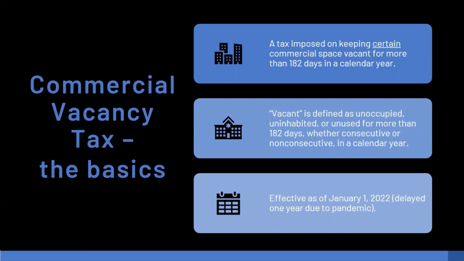For purposes of the tax, vacant is defined as unoccupied, uninhabited, or unused for more than 182 days in a calendar year. This is regardless of whether the 182 days is consecutive or not. The commercial vacancy tax was approved by San Francisco voters on March 3rd, 2020, and became effective as of January 1st, 2022.